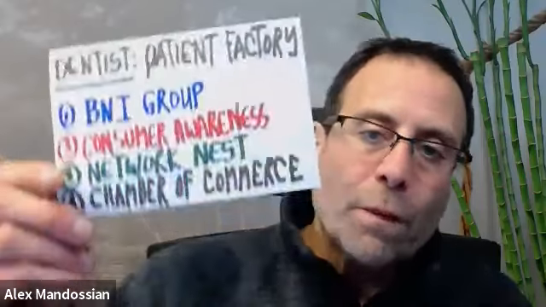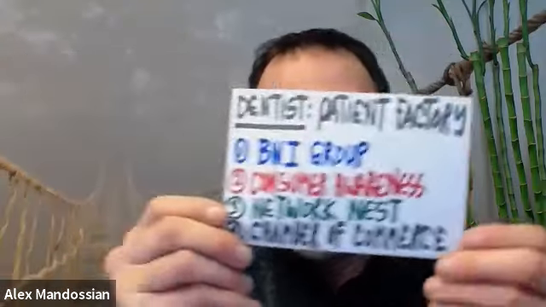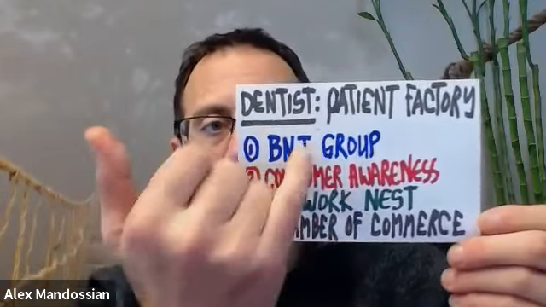Now, if you're a dentist, how do you create a customer factory? Well, you can belong to Business Network International, set up by Dr. Ivan Misner. You can go to a group meeting every week.